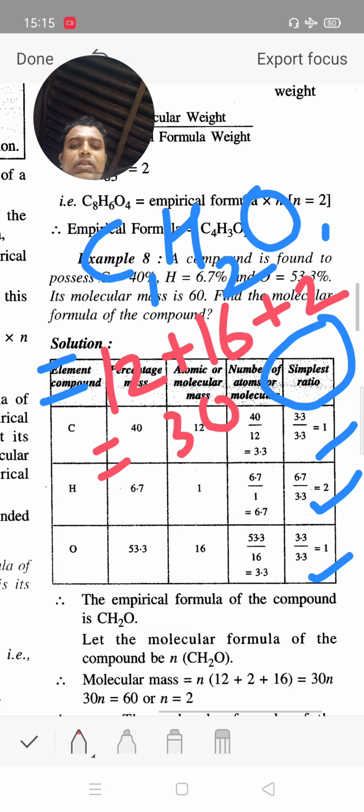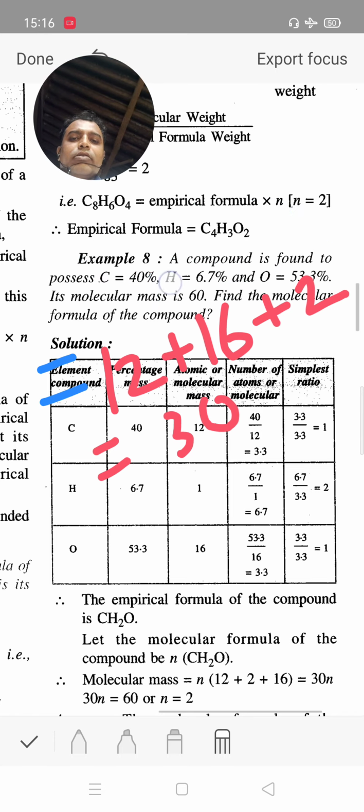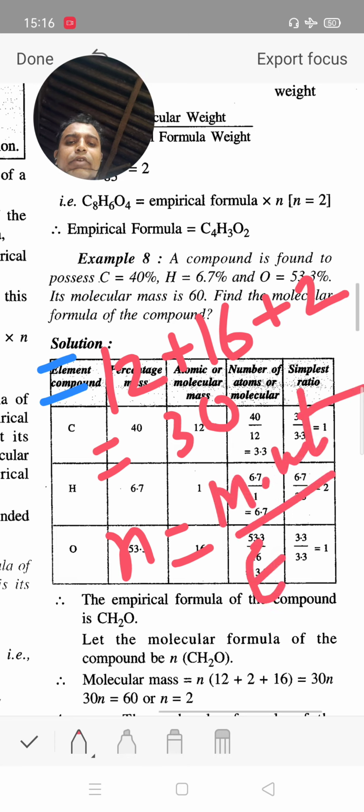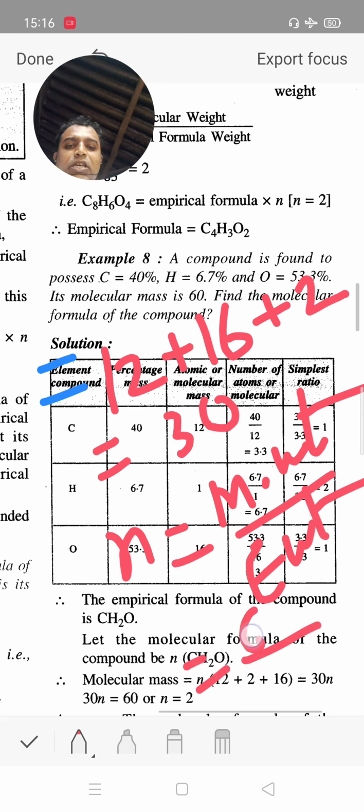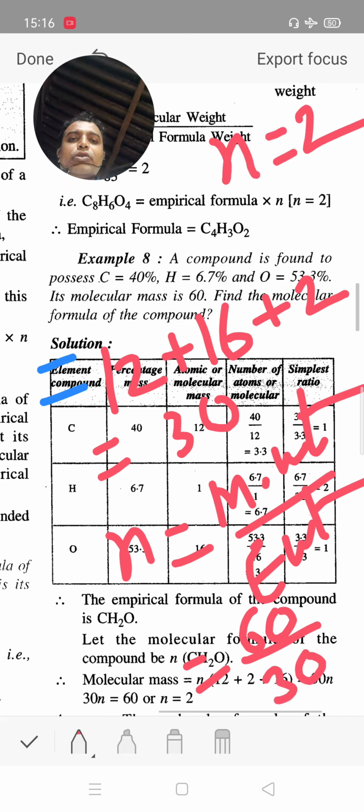In the question, we are already given the molecular mass 60, and our formula is molecular weight upon empirical weight. Then 60 upon 30 gives the value of n equal to 2.